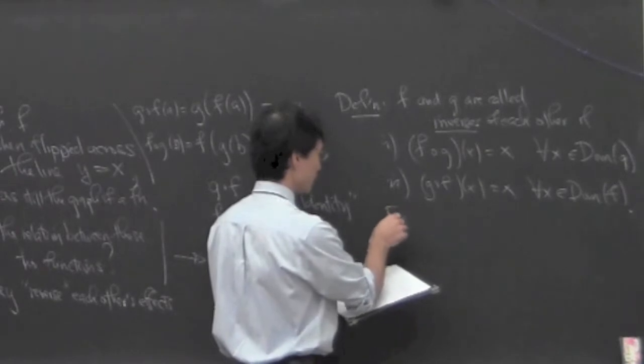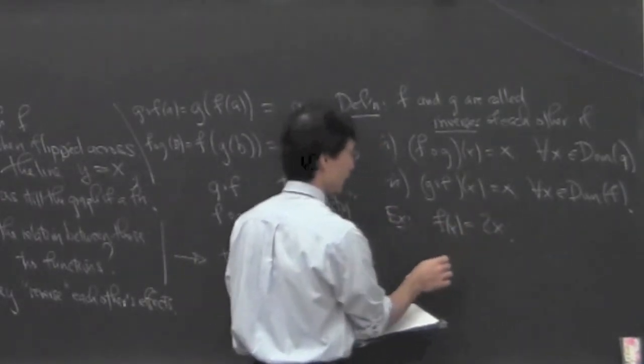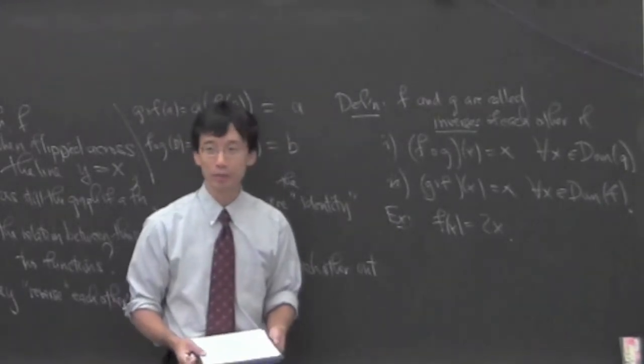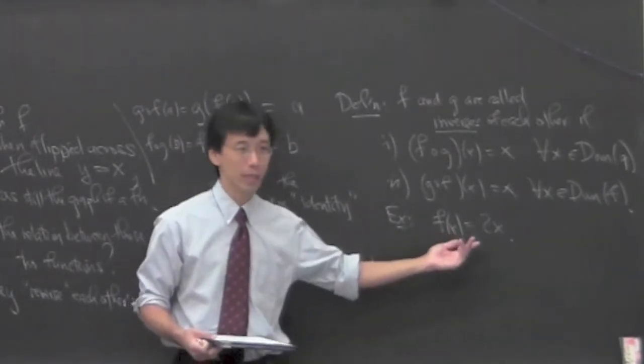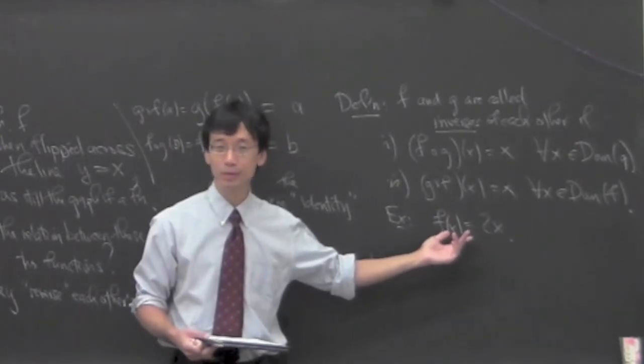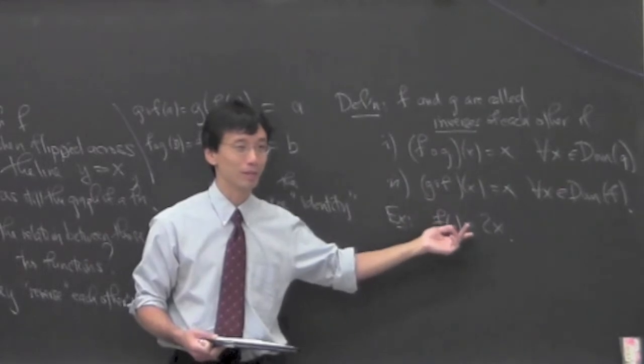To give some simple examples, if I have f of x is 2x, then what should the inverse function be? It should be the function that cancels out what f does.